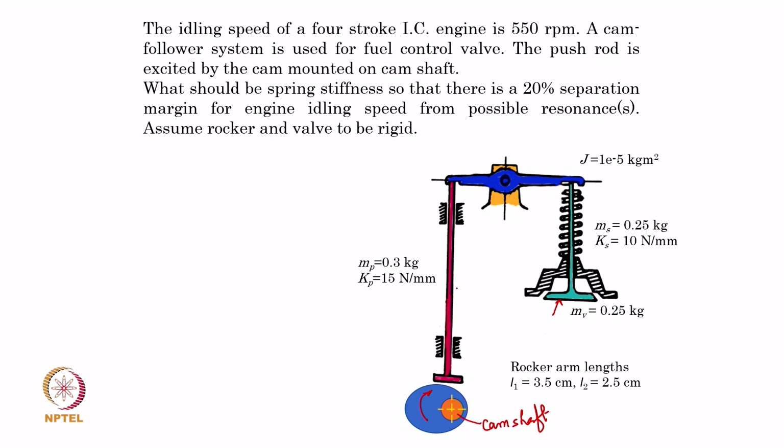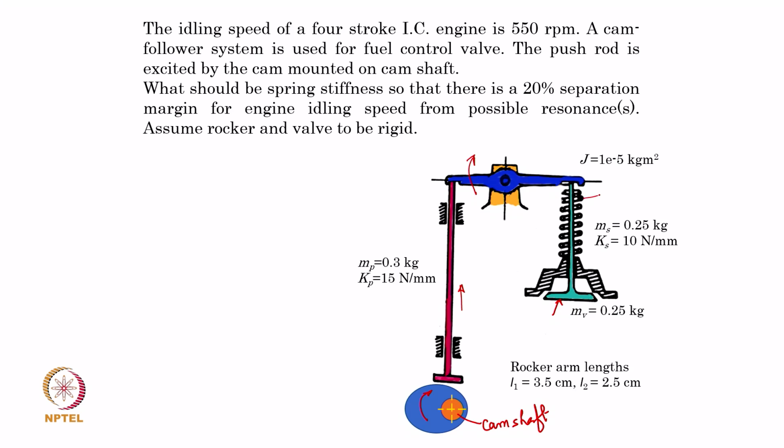So, this push rod is being pushed by the operation of the cam, the rotation of the cam. It uses the leverage that we get here in operating the valve in the cylinder against the spring pressure.